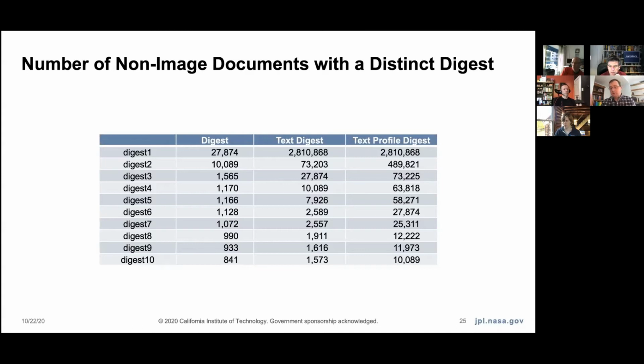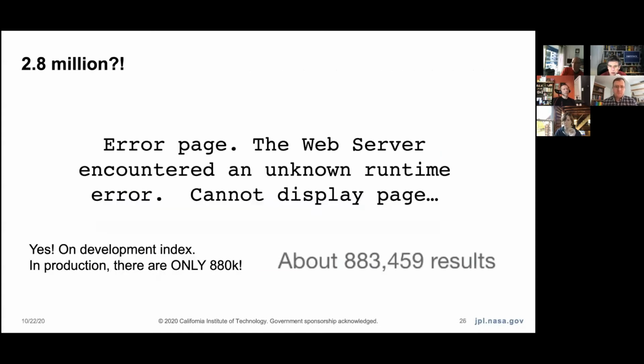So I dug a little bit more. I found that there was one page, the crawler had been hitting an error page 2.8 million times on the dev server. So they had 2.8 million documents that just said, "The web server encountered an unknown runtime error, cannot display the page."